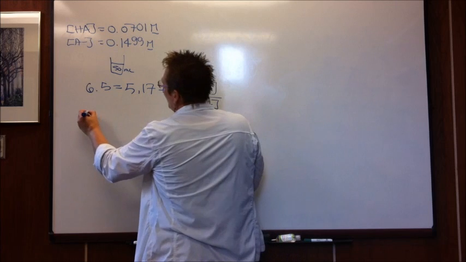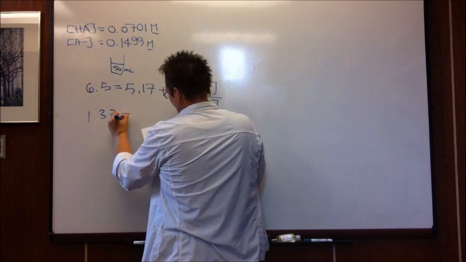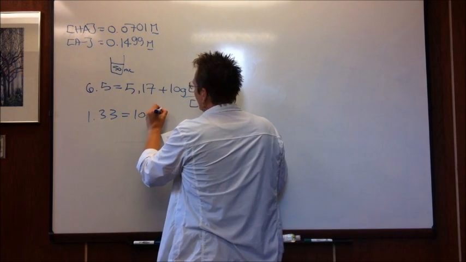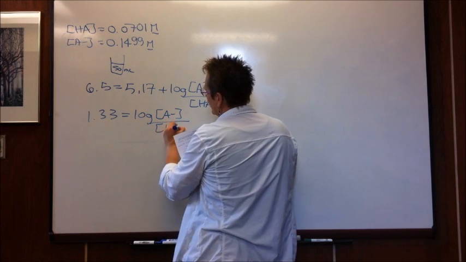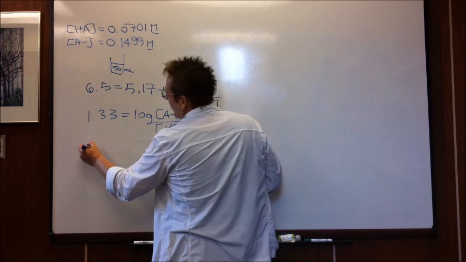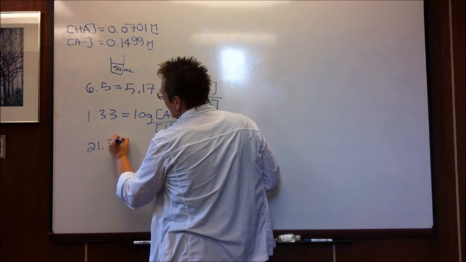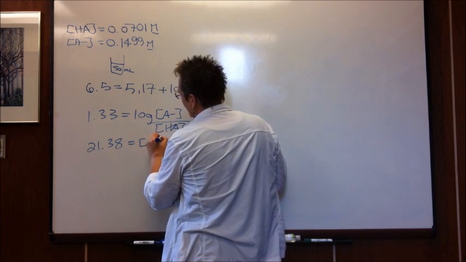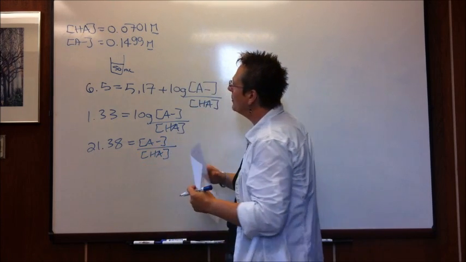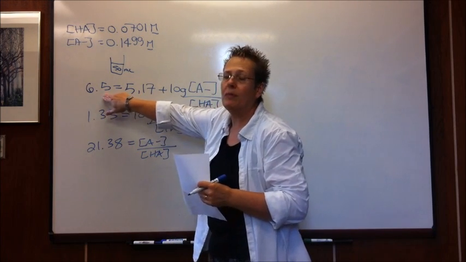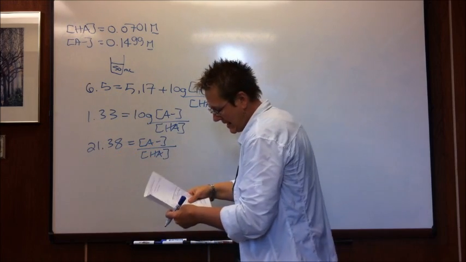This gives us 1.33 equal to the log of A minus over HA, and a ratio of 21.38. Note we're well above the pKa now, over a pH unit, so this number is greater than 10.